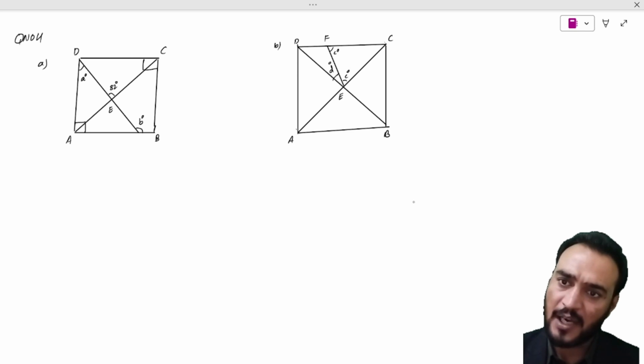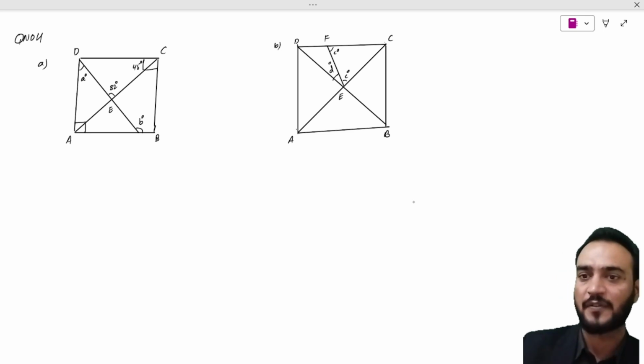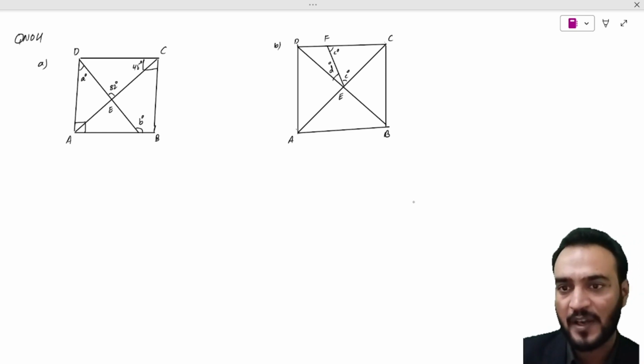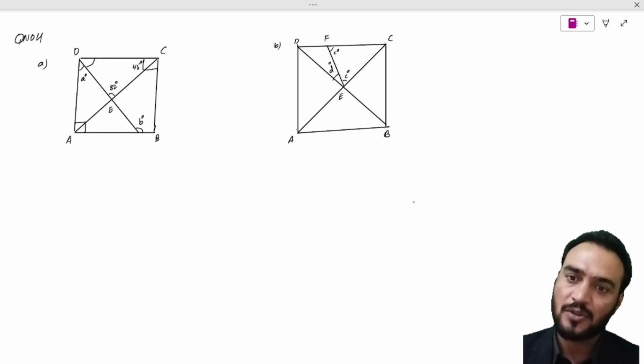But as the diagonal bisects the interior angle, so in the triangle CED, the angle ECD or the angle DCE, this one is equal to 45 degrees, because the diagonal bisects the interior angles and the complete angle was 90 degrees, but this half angle is equal to 45 degrees. Hence we can find the third angle by putting the sum of three interior angles in a triangle equal to 180 degree.